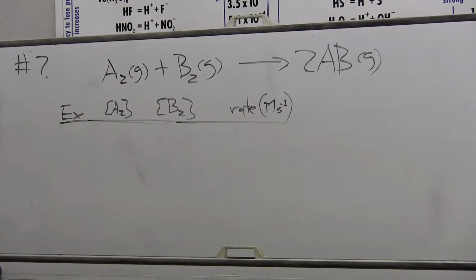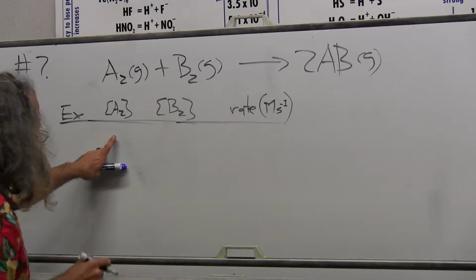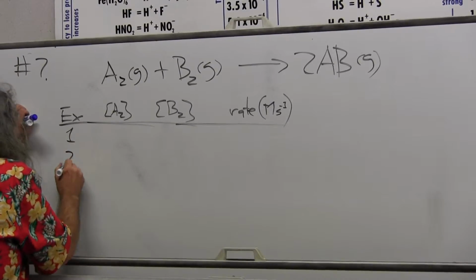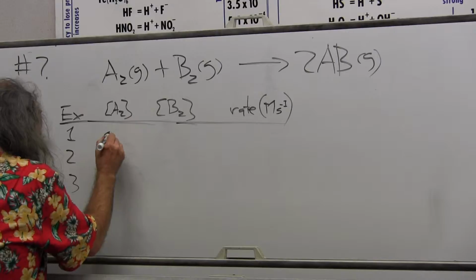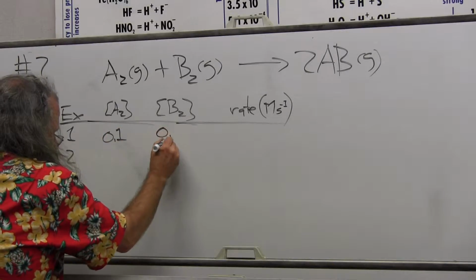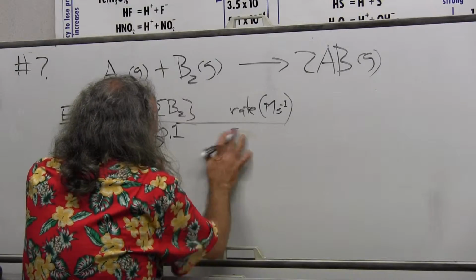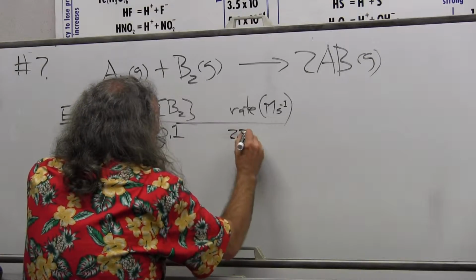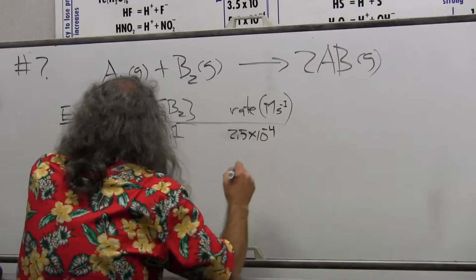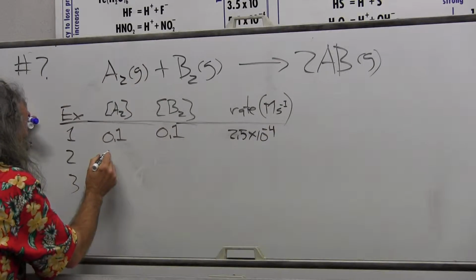Okay, so I've got all the units. What is the molarity here in experiment 1? 0.1 for both of them. What's my rate? 2.5 times 10 to the -4.